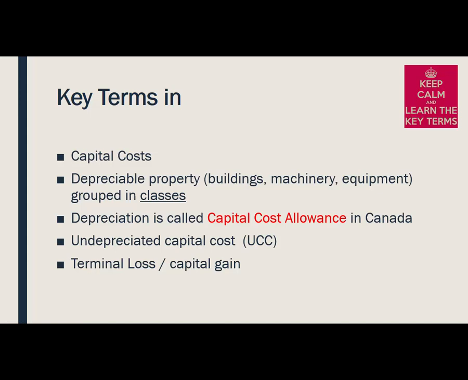If you were to sell it for more than what it is worth at the time, you would have a capital gain. You would be making money, because you've already started to expense that. If you sell it for more, you're making money off of the sale of that asset. Therefore, you have to pay taxes on that. So these two terms we'll talk about more in your classes.